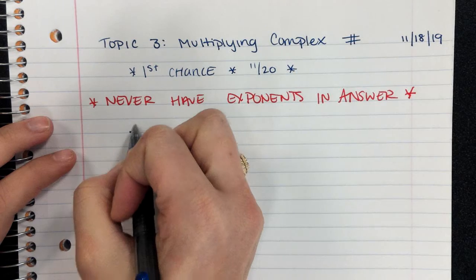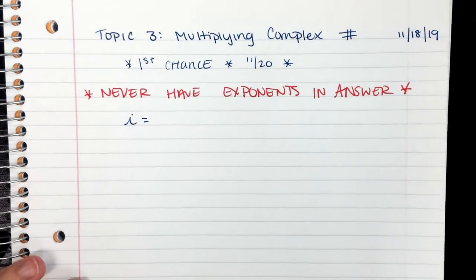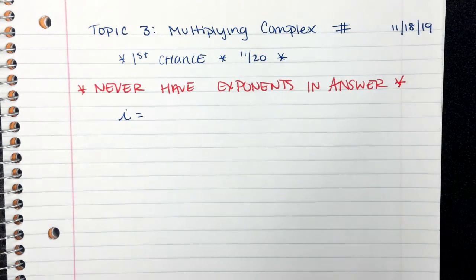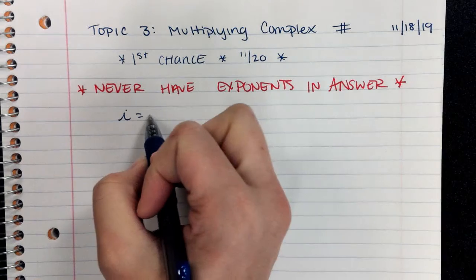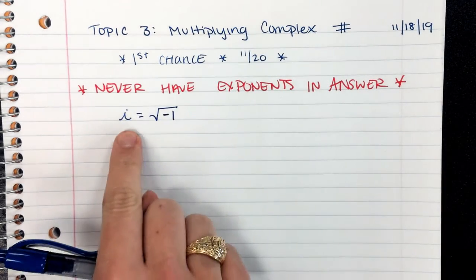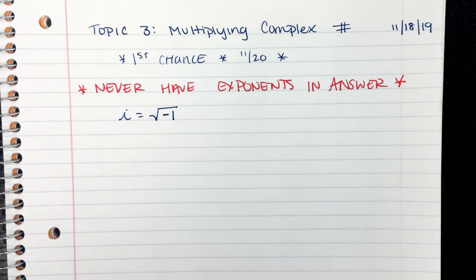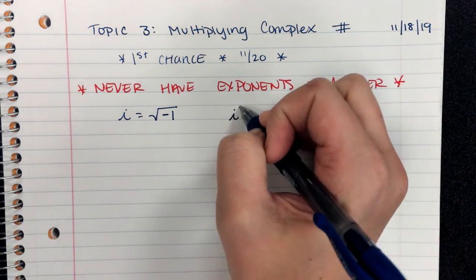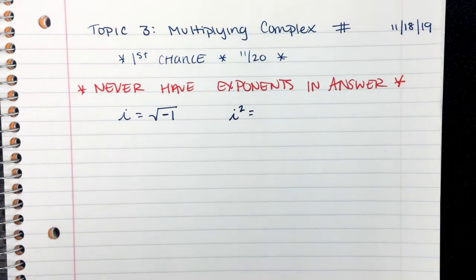So first of all, we know what i equals, or we should know what i equals. What does i equal? It means imaginary. Square root of negative what? 1. Very good. So i is the square root of negative 1. Today, we have to figure out what i squared is.